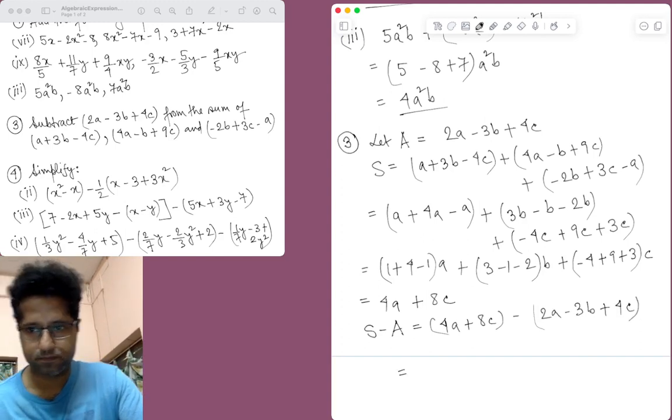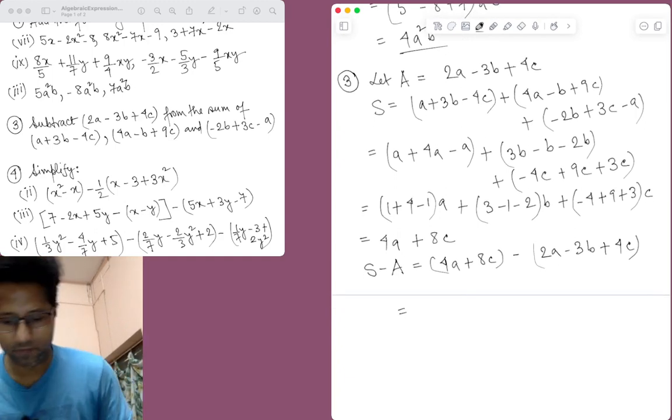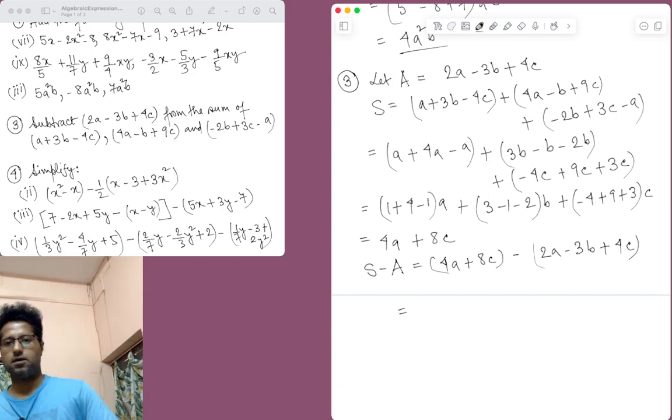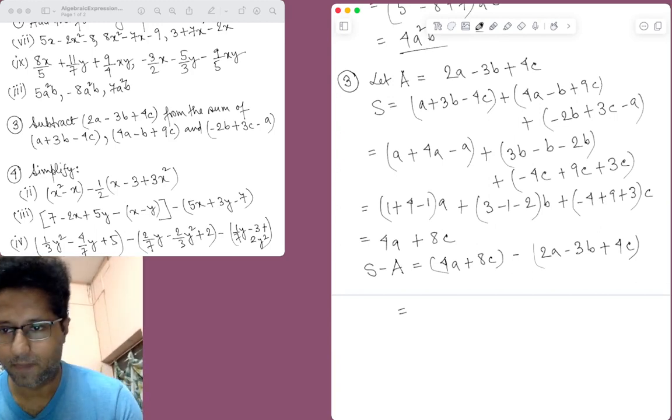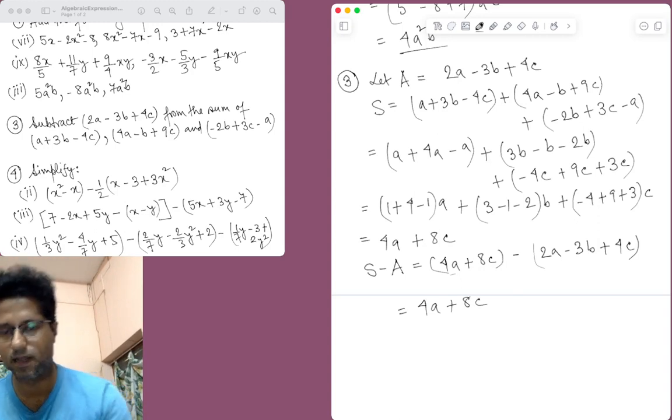Now in the previous video, while solving the 10 MCQs, I discussed this. So now S minus A, you can see this is 4A plus 8C, we can open the grouping. So we have grouped the algebraic expressions.